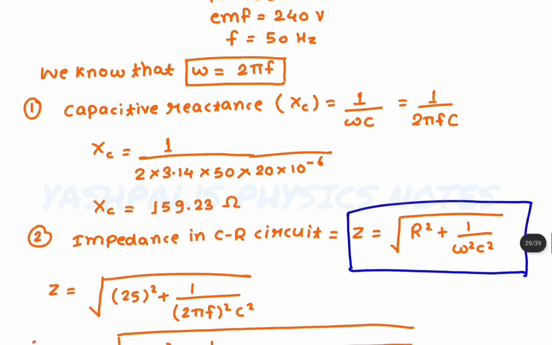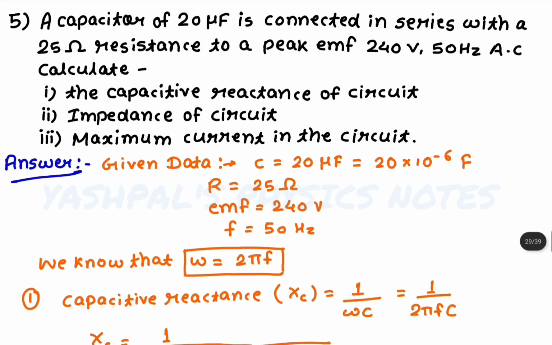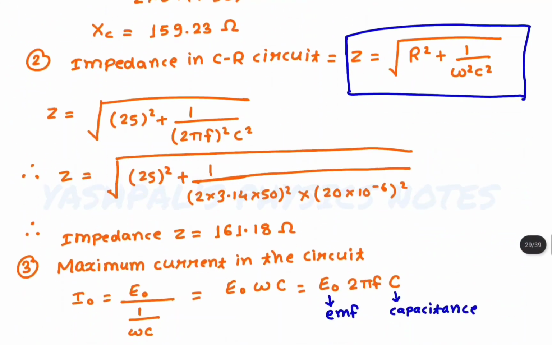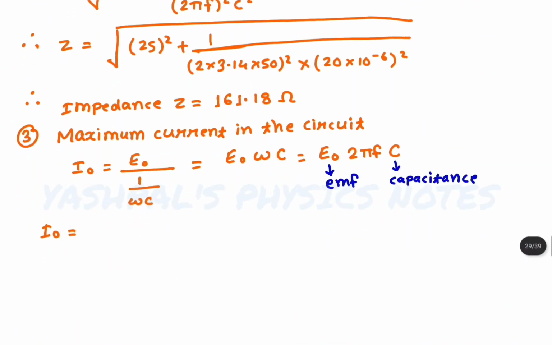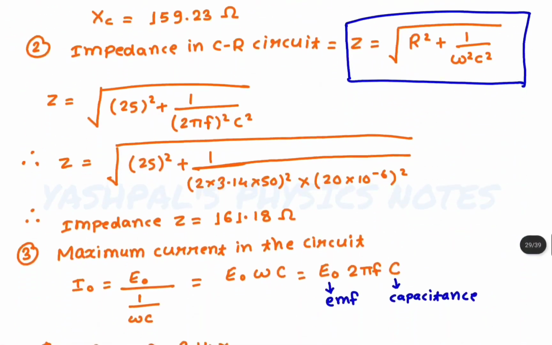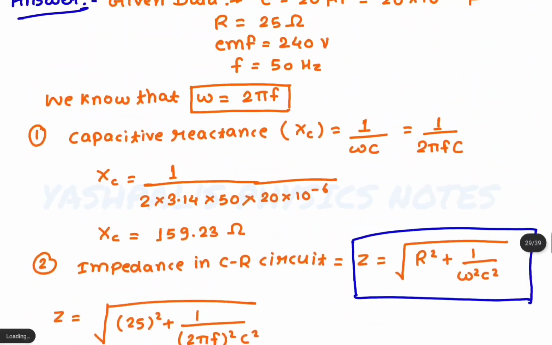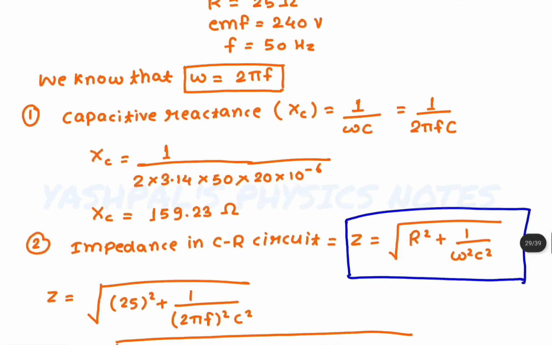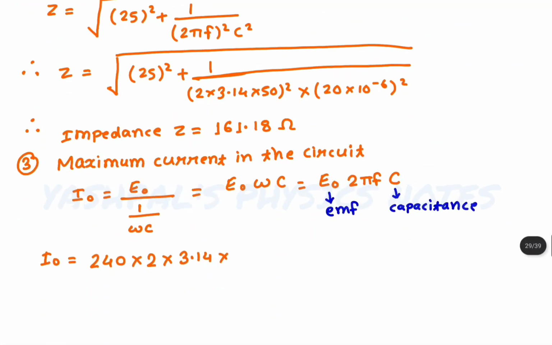So EMF value is given as, see in the question, peak EMF 240 volt. So I can write E naught value as 240, 2 as it is. What is the value of pi? It's 3.14. Frequency is given as 50 Hertz. Always remember, you have to check the data given. Sometimes it gets mistaken. 50.